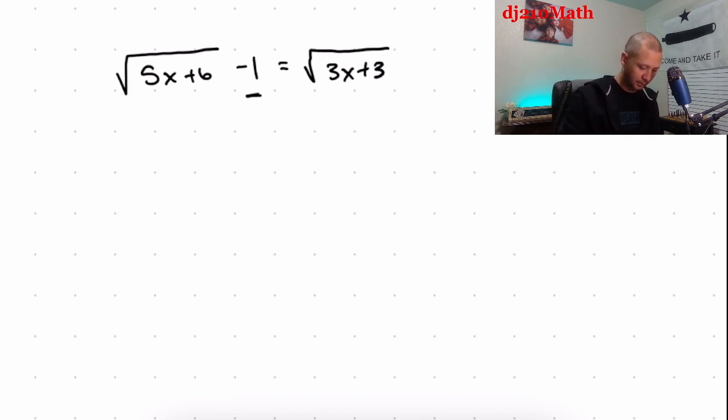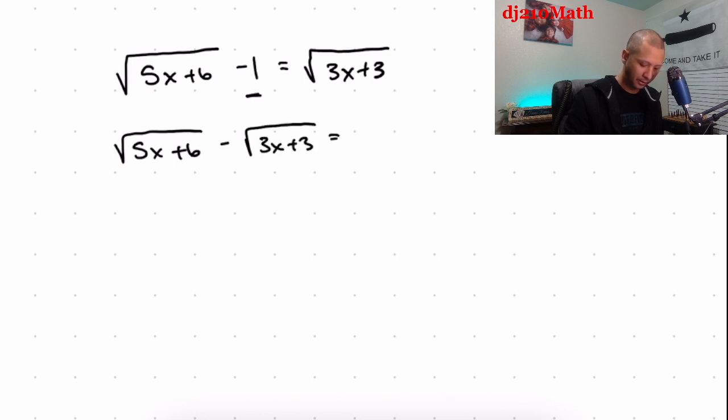So that means I'm going to add 1 and subtract root 3x plus 3 from both sides. So this is going to be the square root 5x plus 6 minus square root 3x plus 3 is equal to positive 1.